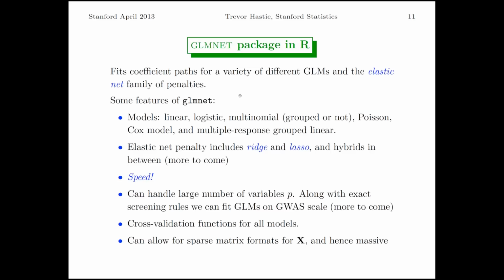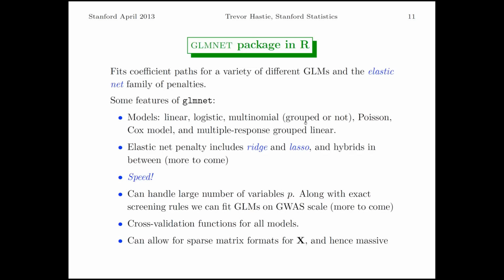Those include the lasso and ridge as two endpoints. So some of the features of GLMNET. The models that we currently can fit are linear least squares models, logistic regression, in other words, binary response, multinomial regression, so multi-response logistic regression, and we have a grouped or not grouped version.